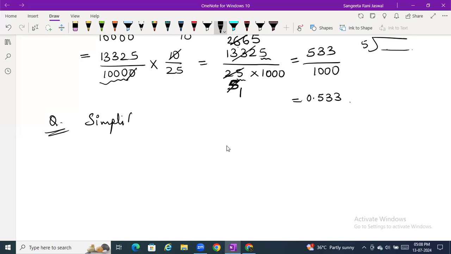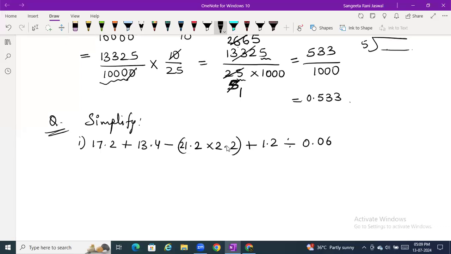Here you have to apply the BODMAS rule. 17.2 plus 13.4 plus 20 minus 21.2 into 2.2 plus 1.2 divided by 0.06. Okay. So what will be your first step here?